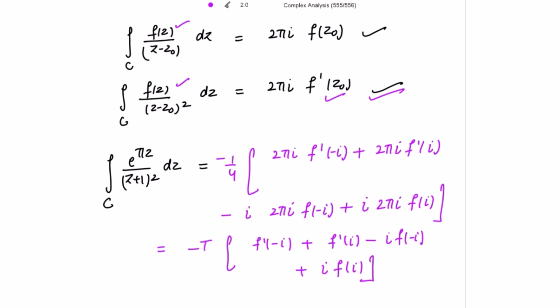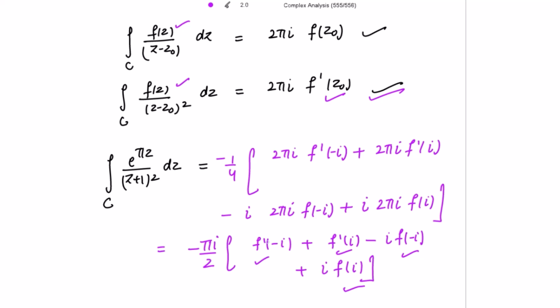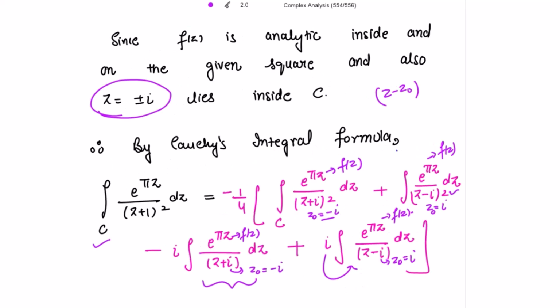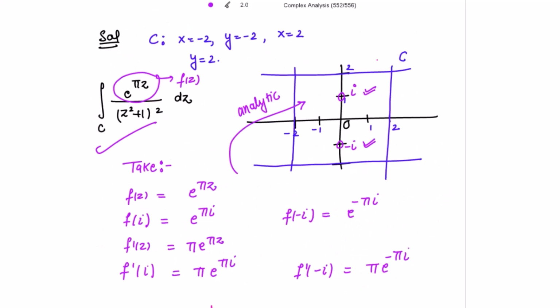It is minus pi iota divided by 2, and now let's write all these values we have already calculated. So this is equal to minus pi iota divided by 2. What is your f dash minus iota? It is pi into e to the power minus pi iota. For positive value we have plus pi iota, right?